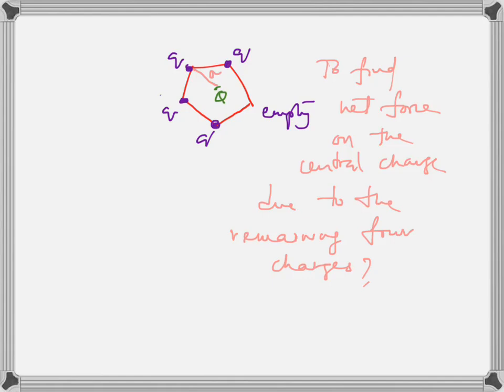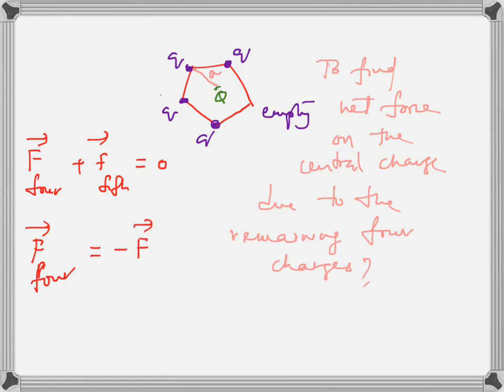So I can write force due to 4 charges plus force due to the 5th charge, totally, the total force will be 0. So the force due to the remaining 4 charges is the negative of the force due to the 5th charge.